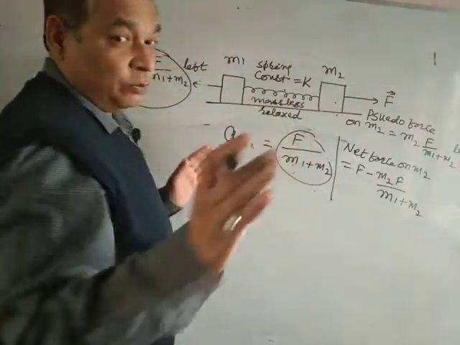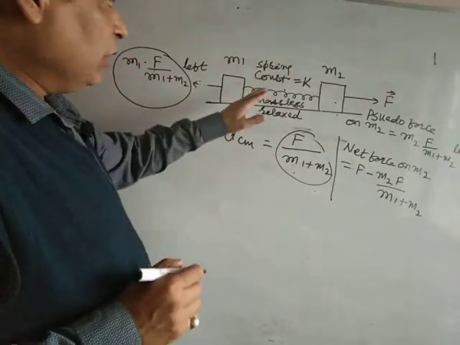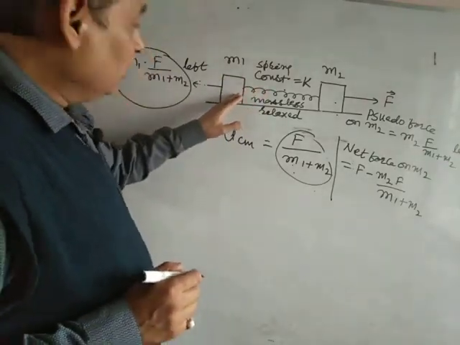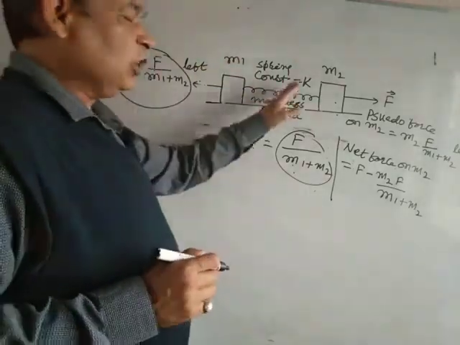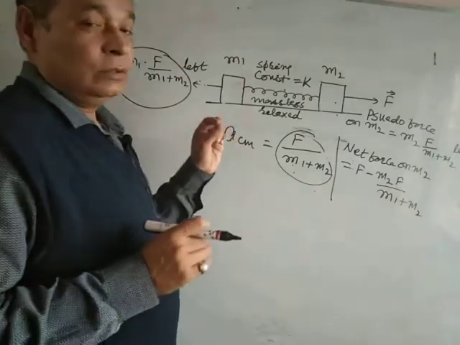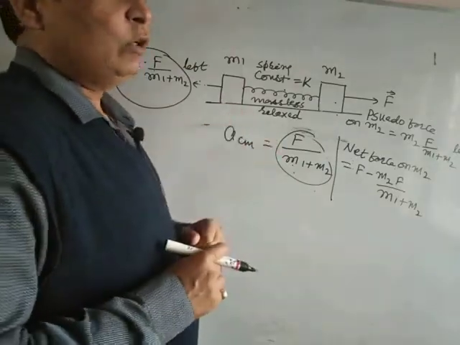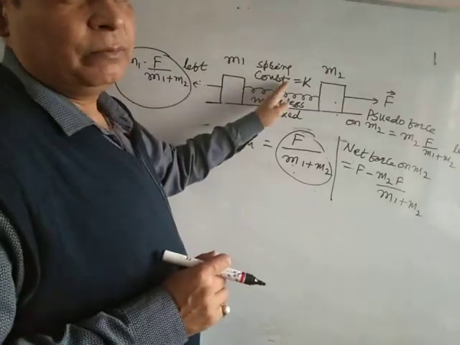Since in the center of mass frame this force is towards the left and the initial velocity of M1 is 0, this pseudo force will cause leftward displacement in the center of mass frame.